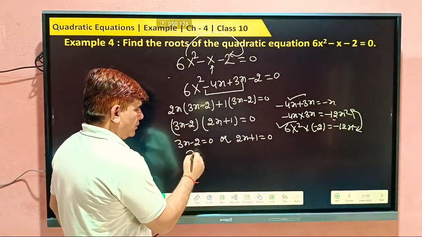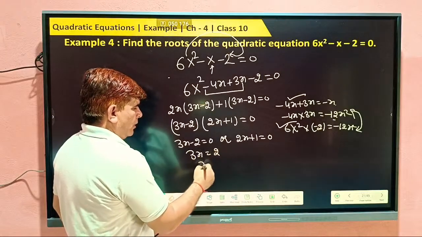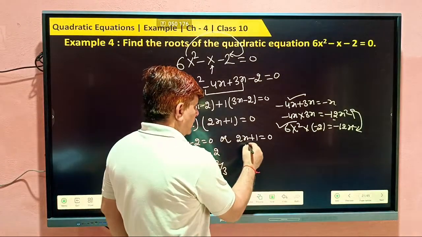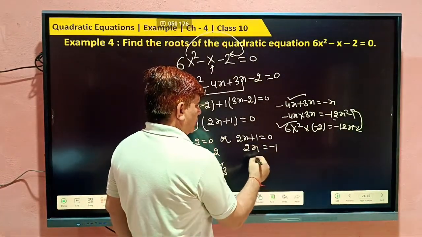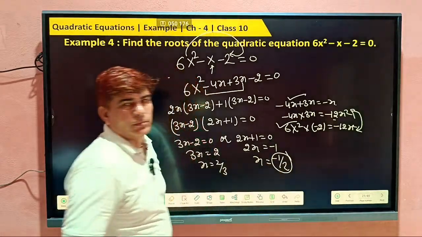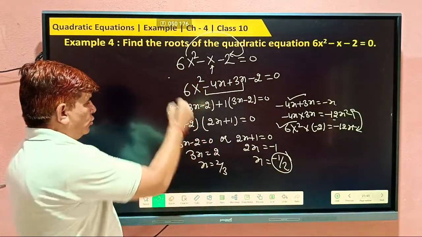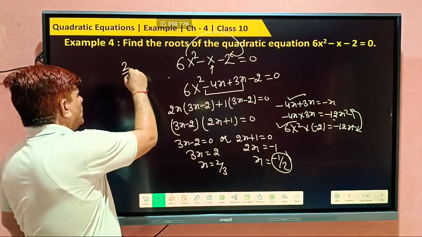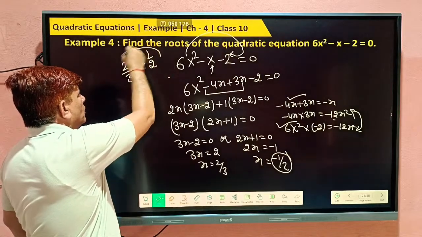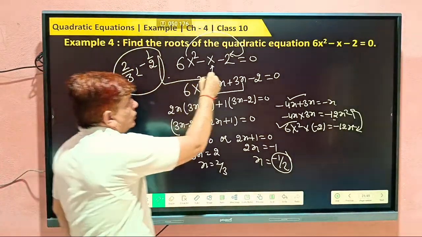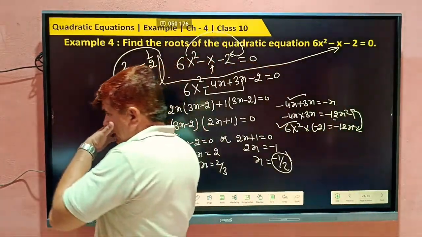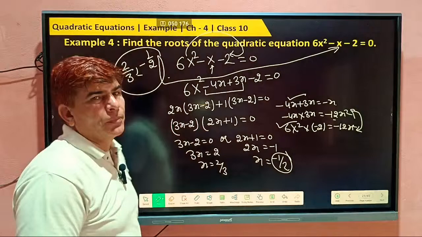So 3x is equal to 2, x is equal to 2 by 3. Here 2x is equal to minus 1, x is equal to minus 1 by 2. So what are its roots? One root is 2 by 3 and another is minus 1 by 2. These are the roots of the given quadratic equation, or we can say the solution of the given quadratic equation.